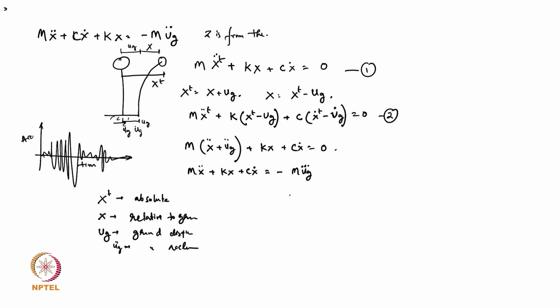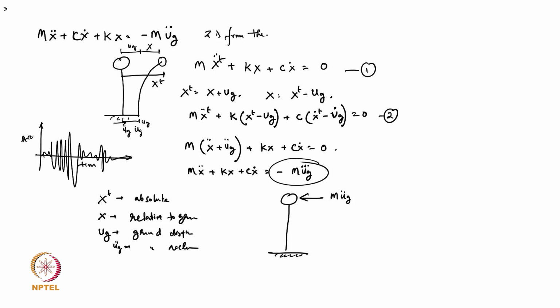Once we have this, we can analyze the system assuming that the base is fixed and the force, which is minus m ug double dot, is acting on the structure, because this is nothing but a force.